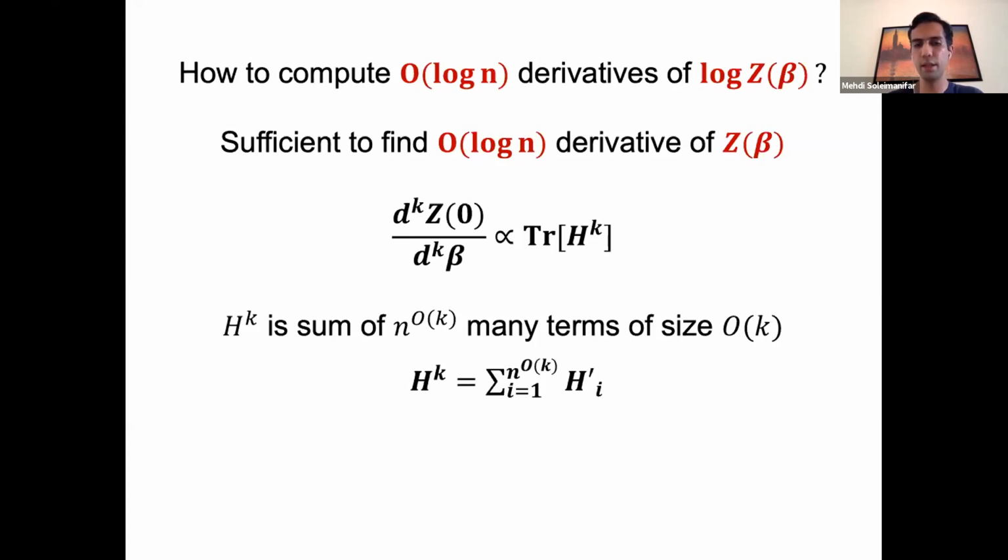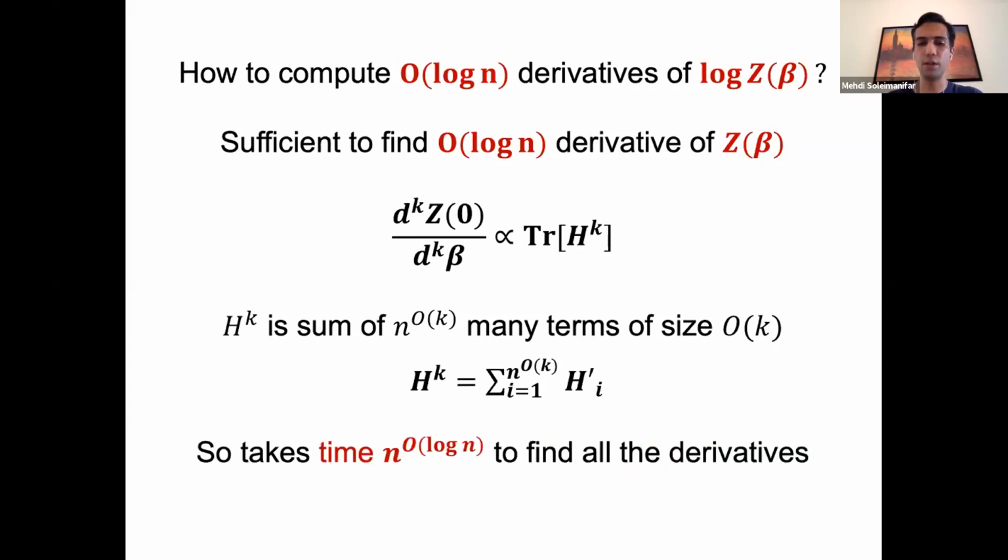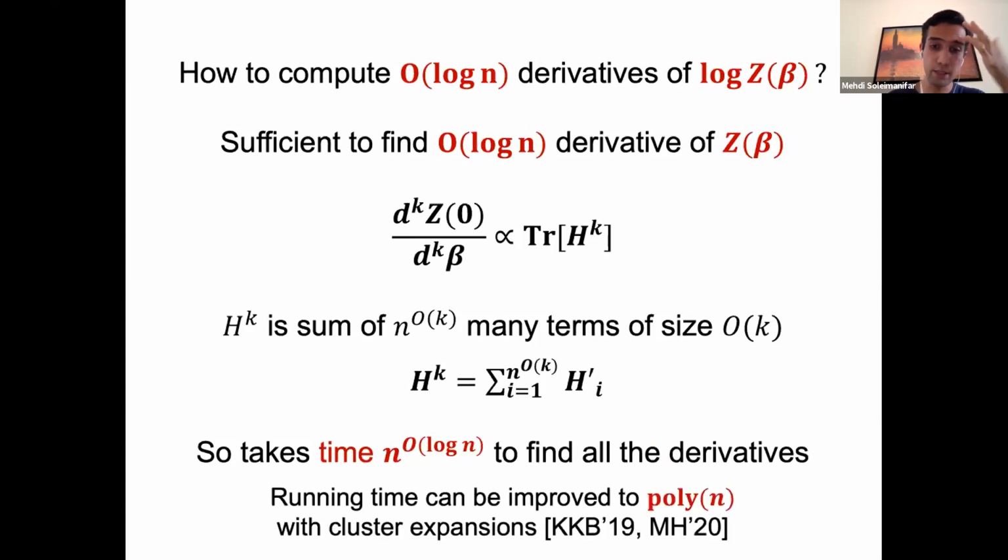So if k is order log n, estimating these local traces can be done in polynomial time, and since there are n to the order k of them, the overall running time is just n to the order log n, which is quasi-polynomial. You can actually do better and reduce the running time to just polynomial time by using things like cluster expansions.